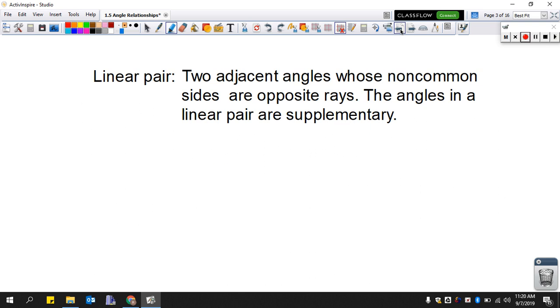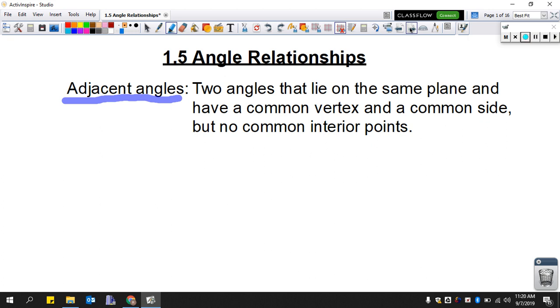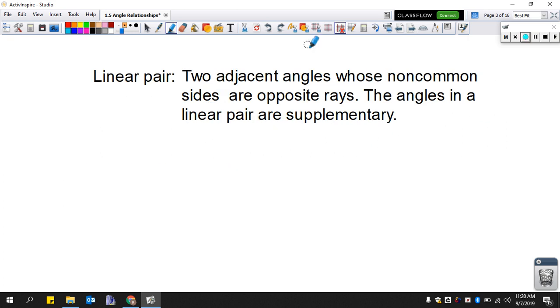All right, the next relationship we're going to talk about is linear pairs. Linear pair, obviously you know a pair is two adjacent angles. Linear, you may suspect, talks about a line.